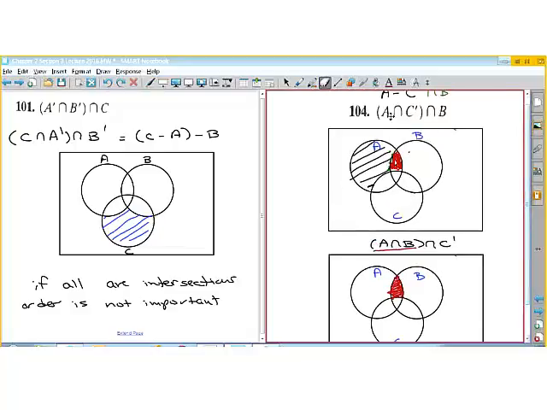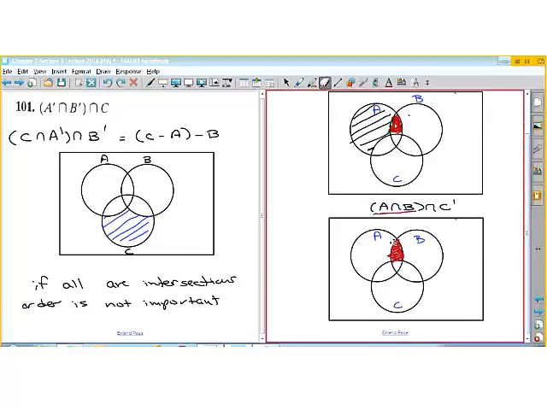Whether I do A intersect not C, which is the same as A minus C, which was this black area, and then find the intersection with B, I get that. If I do the other order, I get the same answer: a football, and I subtracted what was in C when I did intersect C prime, which is the same as minus C.